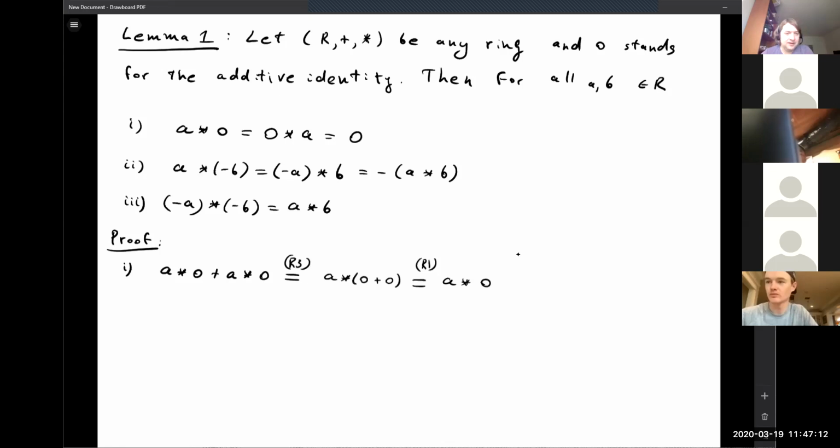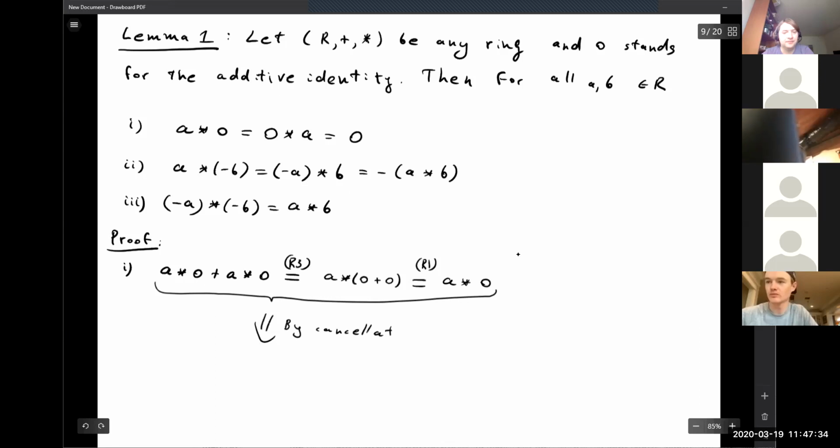Now, what we have is that this A star 0 plus A star 0 is the same as A star 0. But now we have that R plus is an abelian group. So by cancellation laws for the group R plus, we conclude that A star 0 must be equal to 0.